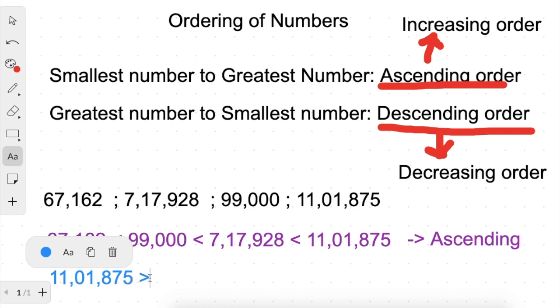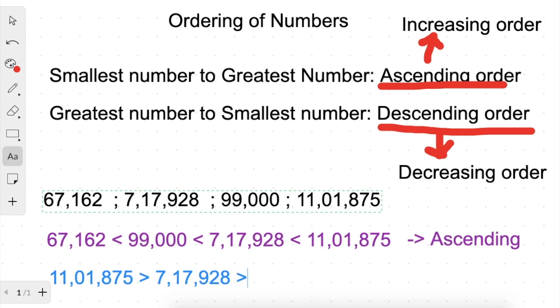This number is greater than 7,17,928. After that, this one is greater than 99,000, and 99,000 is greater than 67,162. So you can see now I have arranged these numbers in descending order.